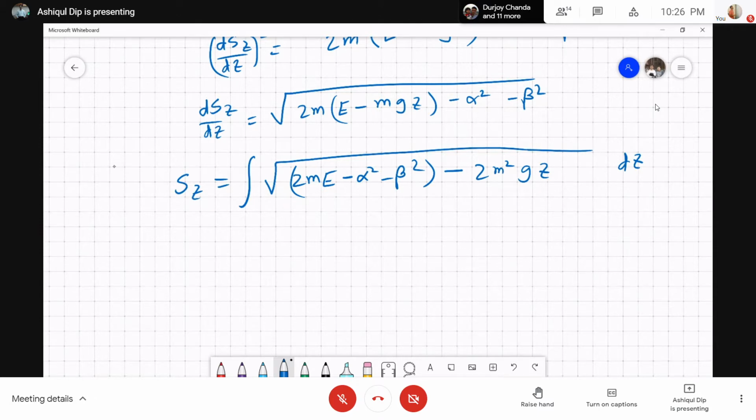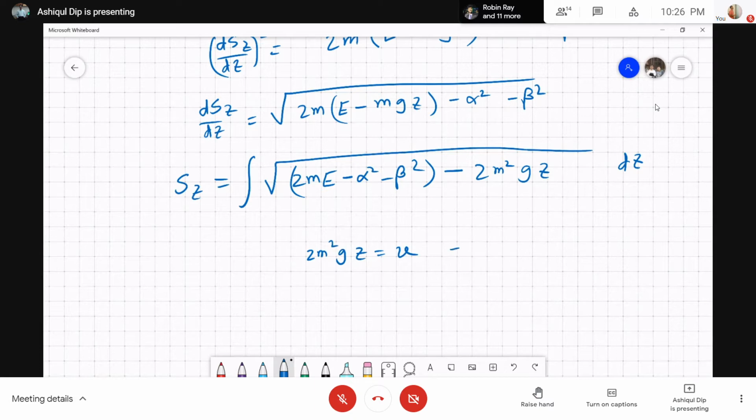I can write something else instead of this whole term, a new variable. For example, p equal to this constant minus the z terms. So let's define 2m squared gz equals u. That would work, I believe.